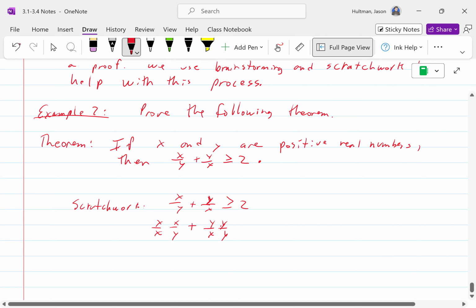Those are just one, so nothing affects the other side. This is x squared over xy plus y squared over xy is greater than or equal to 2.